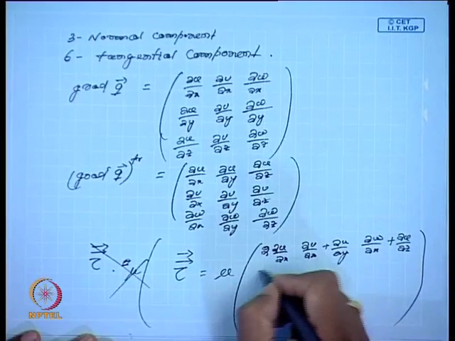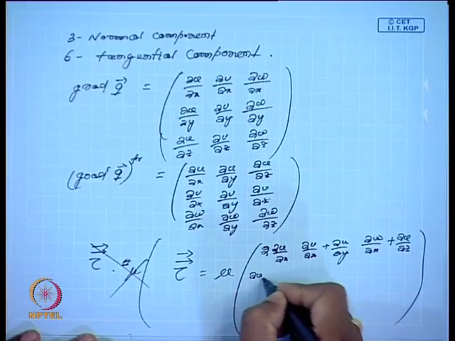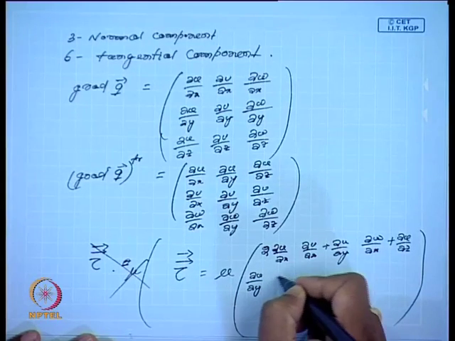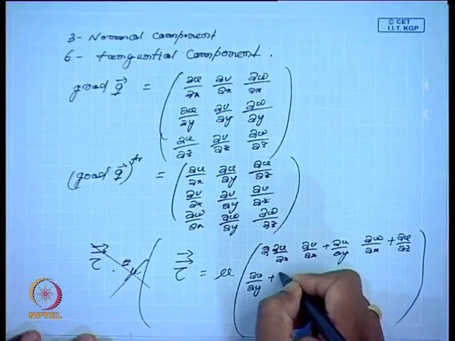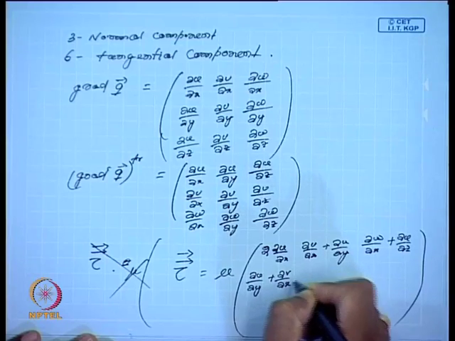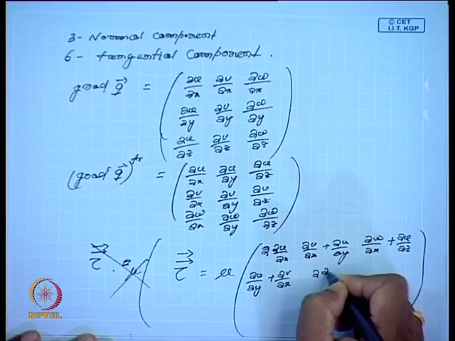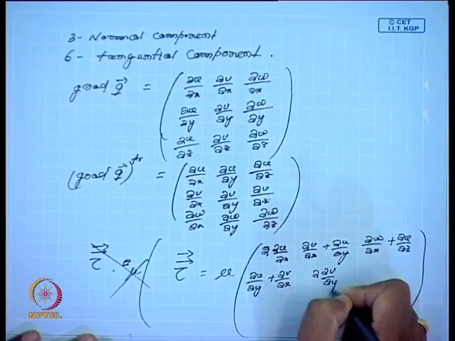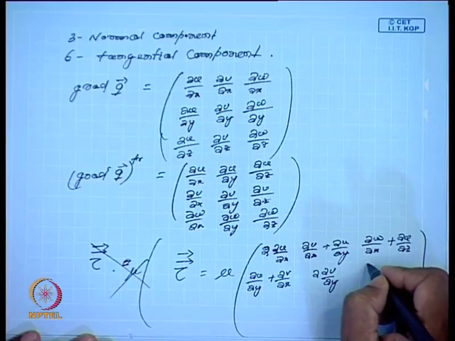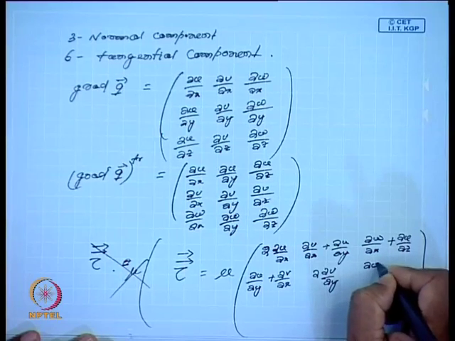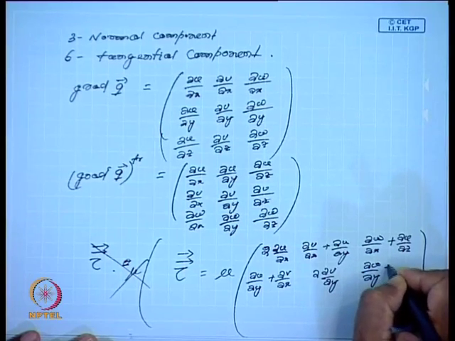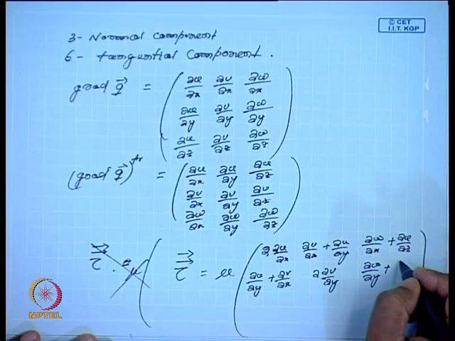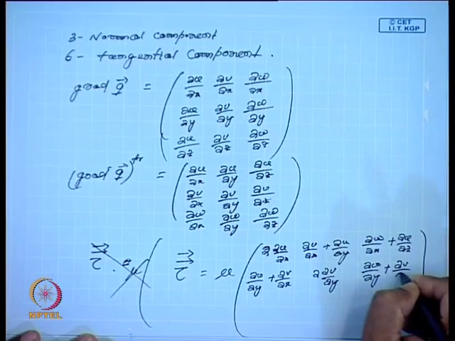Similarly, here you will have del u by del y plus del v by del x, then you have 2 del v by del y, and the third component will be del w by del y plus del v by del z.